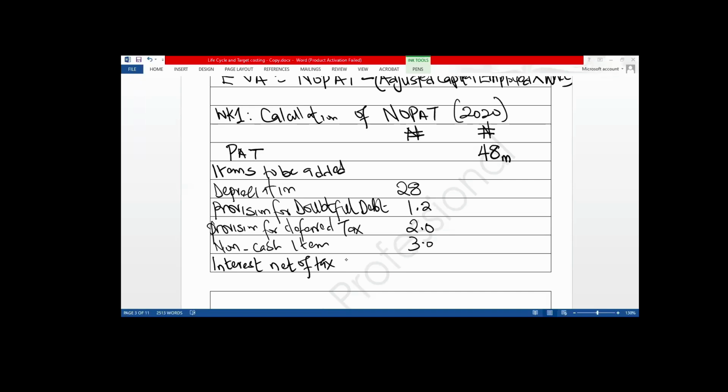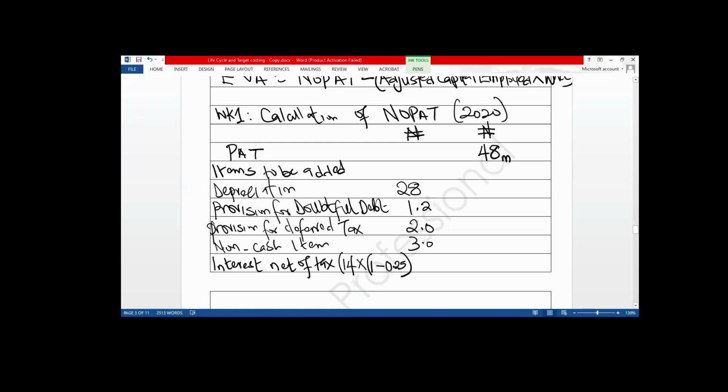What is the tax rate? 25%. Now look at how to do it. The finance charge 14 million multiplied by net of tax, 1 minus the tax rate. The tax rate is 25%. This will give you interest net of tax.